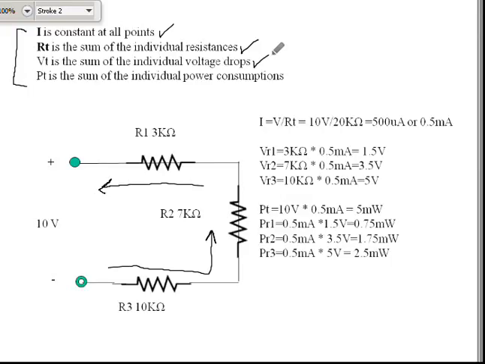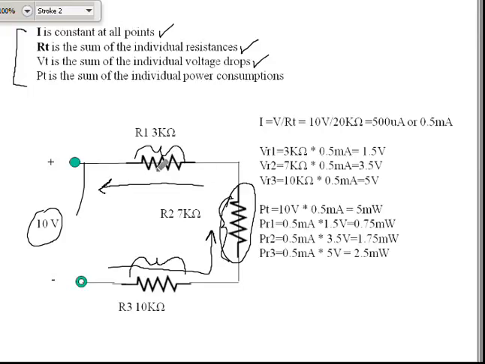The total voltage in the circuit is going to equal the sum of the individual voltage drops. We also know this as Kirchhoff's voltage law. Kirchhoff's voltage law states that each resistance is going to drop a portion of the supplied voltage, so that in the end the total supplied voltage will be dropped by all the resistors in the circuit.